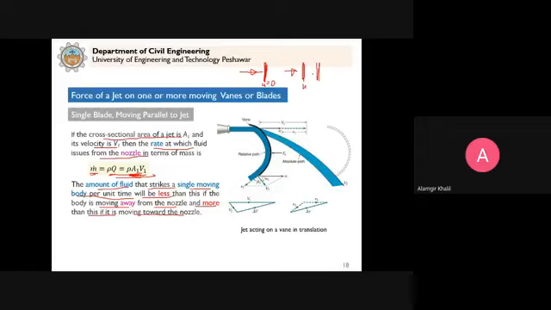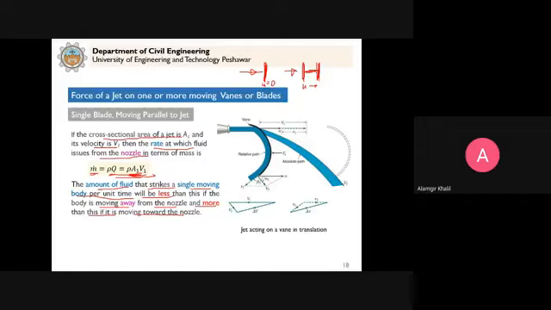It comes here because it is moving now with a velocity small u. So that's why the discharge which is hitting this vane will be less than here. Why will it be less than here? Because some of the fluid is used to cover this distance and the remaining will hit this vane.